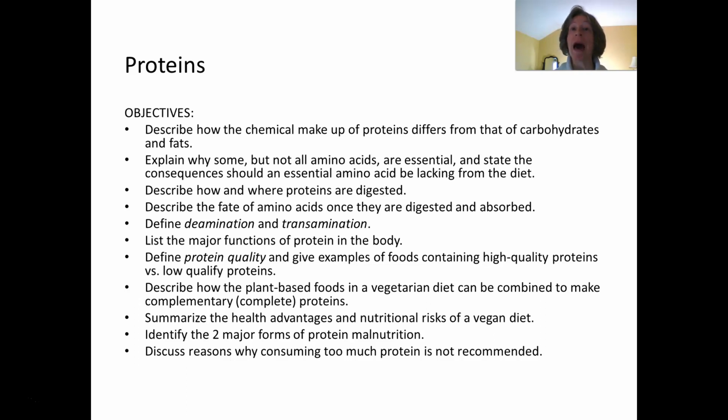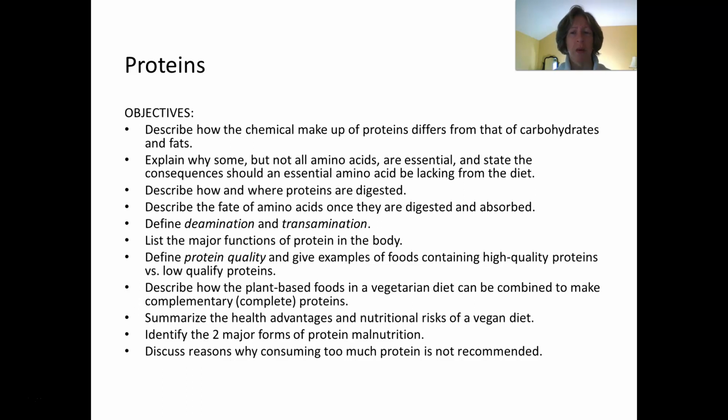Well, they can eat a lot of each individual plant-based food that they're consuming, but if they combine certain plant-based foods that may be missing one essential amino acid with a complementary food that's missing a different amino acid, they can have a meal that is made up of all 9 essential amino acids. So think about, what would that meal look like? So summarize the health advantages and nutritional risks of a vegan diet.